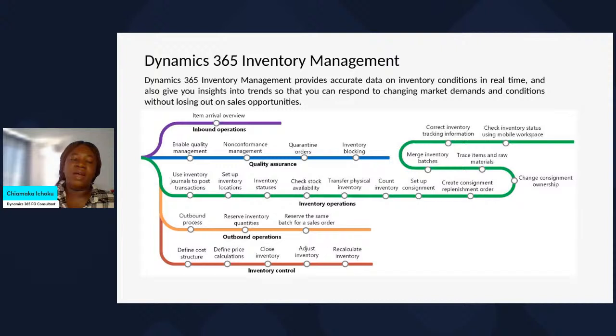So proceeding, we have the Dynamics 365 inventory management. One of the key features of an effective and efficient ERP is inventory management, right? Whether you're a manufacturer, distributor, or retailer, it doesn't matter. Inventory management is key, it is paramount. Inventory management refers to activities that are involved in ordering, storing, using, and selling of a company's inventory.